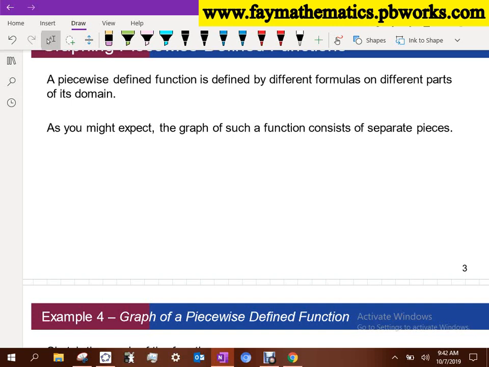But between another set of two x values, maybe you graph x cubed. And between another set of x values, maybe you graph x plus 1. Okay? So instead of having just one rule that dictates what your y values are, now you're going to have several rules that dictate what your y values are. But those rules are determined by certain domain values. Okay?